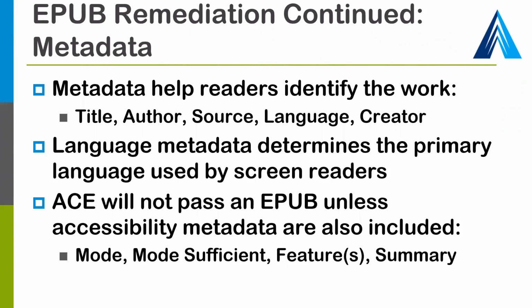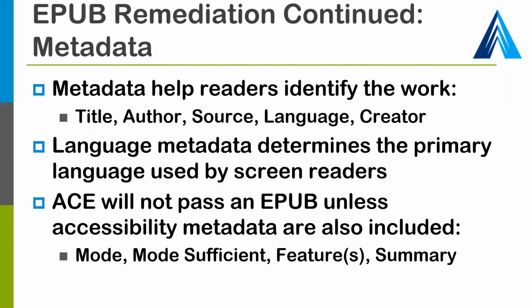With the EPUB standard, there are also some metadata items that specifically address the accessibility of your EPUB. These metadata items help you discover the EPUB's accessibility features that are included in your EPUB. And they must be present in the EPUB in order to achieve a passing score with the ACE tool.